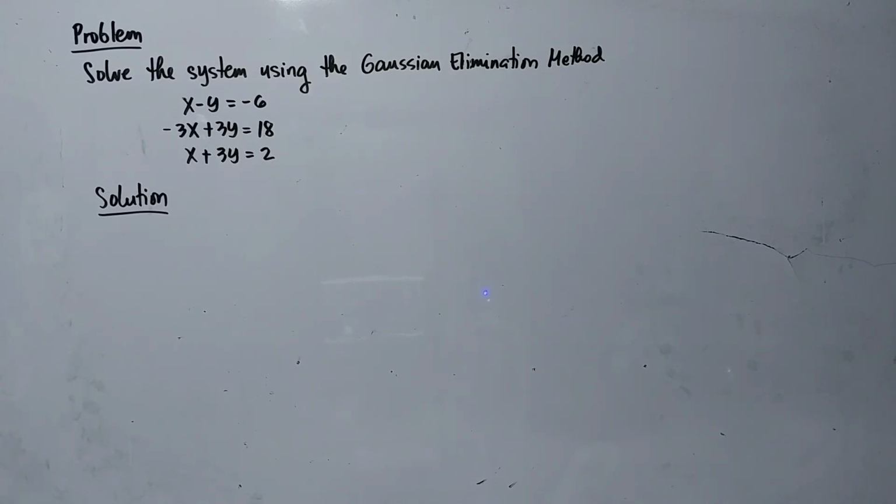Solve the system using the Gaussian elimination method. x minus y equals negative 6, negative 3x plus 3y equals 18, and x plus 3y equals 2.